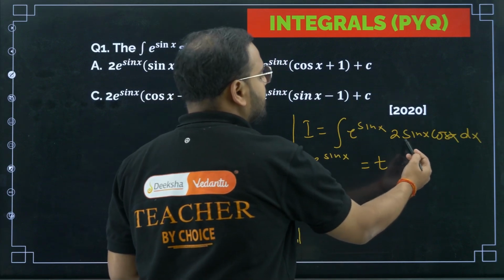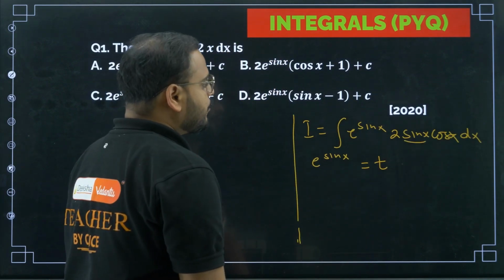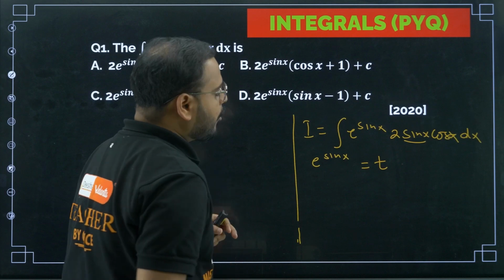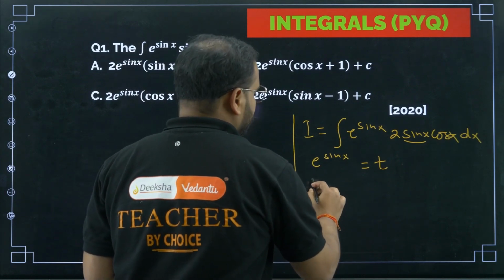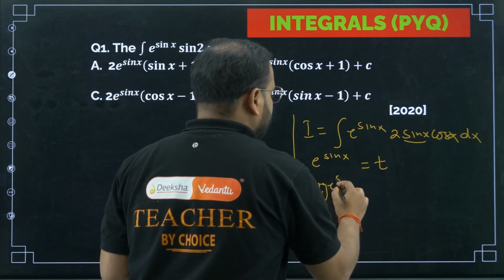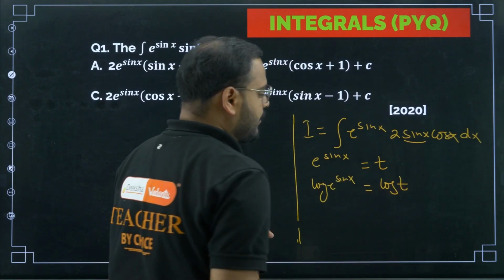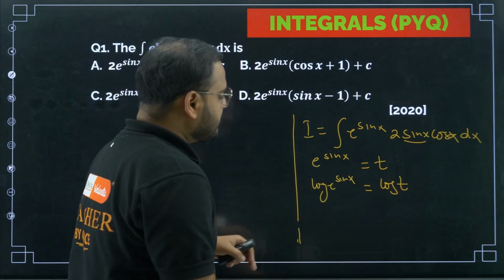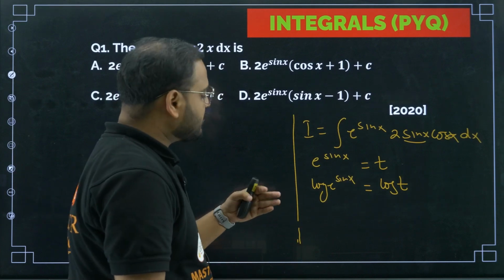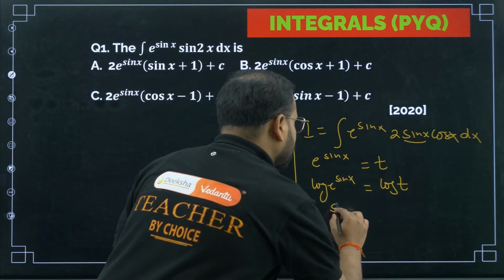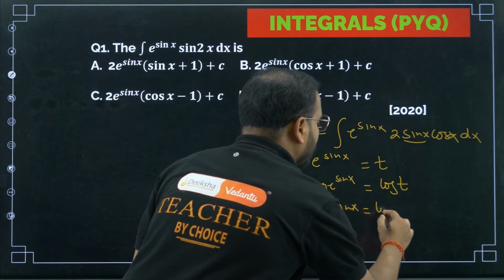I'm going to need it for the sin x that I have here. If I take log on both sides, log of e^(sin x) equals log t. Log and e are inverse functions, so they cancel each other's effect, and I have simply sin x equals log t.